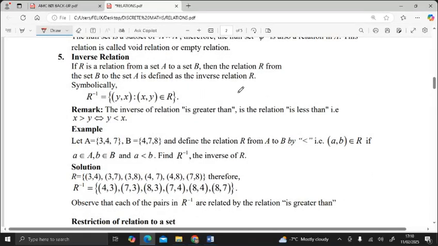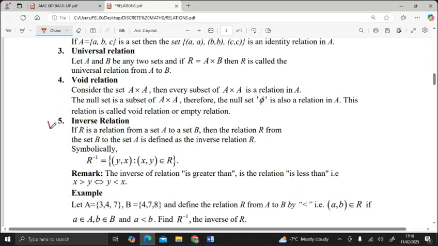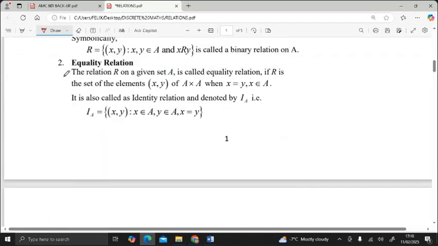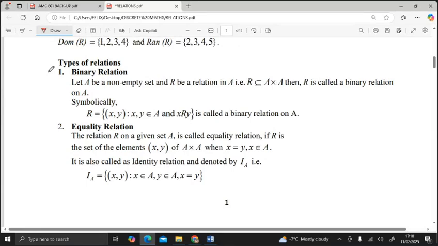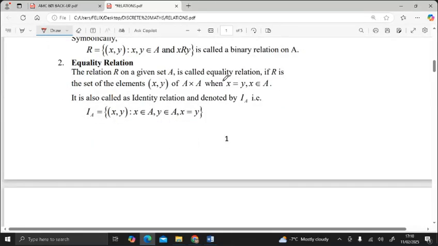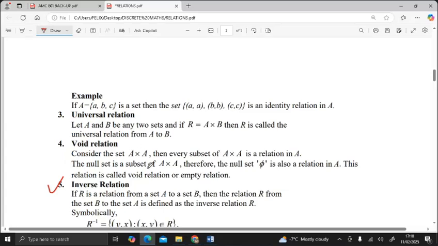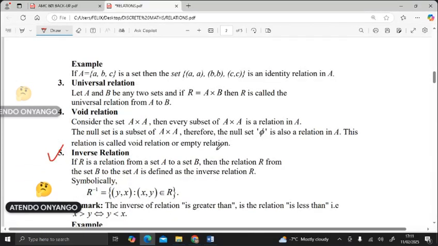Key types that I wish to ask you to be very careful about are the inverse relation, and especially the binary relation, because there are quite a number of instances where we shall come across the inverse relation in whatever we shall do this evening. So it is important that you remember very well that the inverse relation reverses what a relation has done.